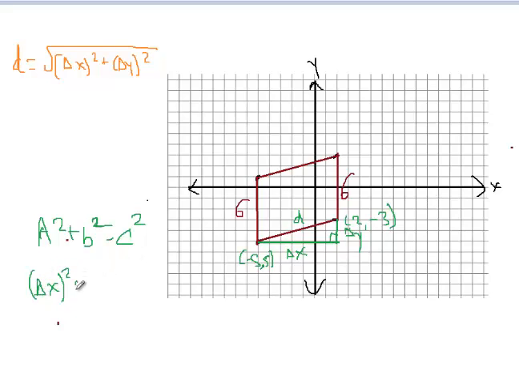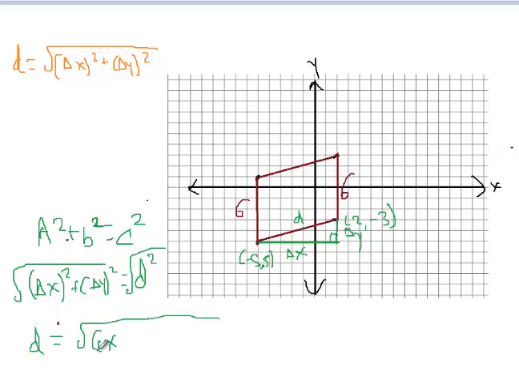This vertical line is the change in y squared equals, well, d squared, because that's the hypotenuse. Now, if you want to get d by itself, you can take the square root of each side. So you've got d equals the square root of the change in x squared plus the change in y squared. That's just the reason why the distance formula works. That's the derivation of the distance formula.